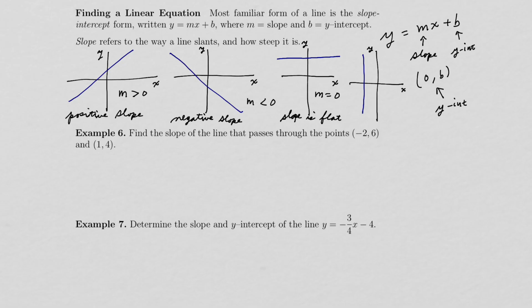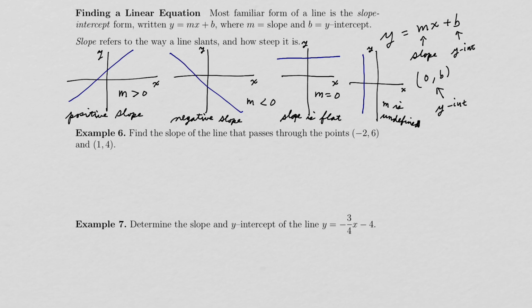So if you have a vertical line like this, the slope is undefined. And you'll see why. It's because you'd end up dividing by 0, and we cannot divide by 0 mathematically. So horizontal line, slope is 0. A vertical line, the slope is undefined.